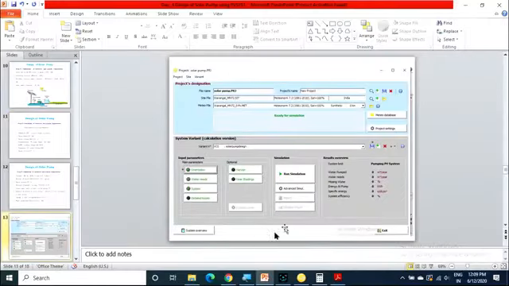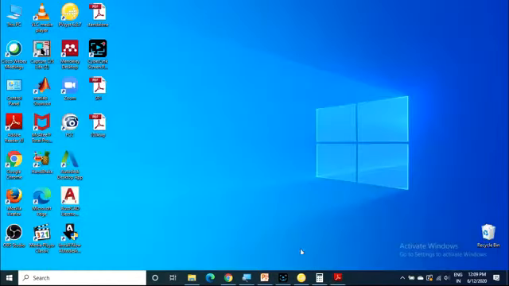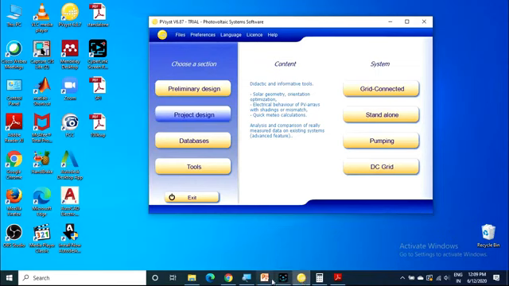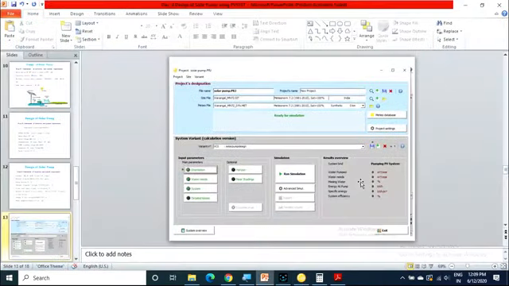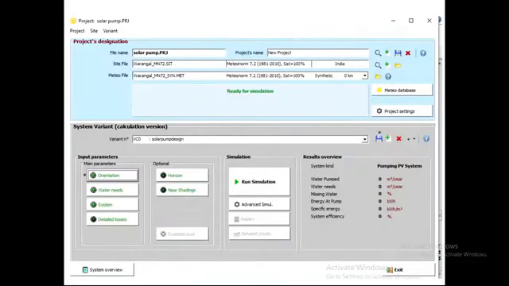So this is solar pump design. Now you can go to the PV software. Up to now it is okay.